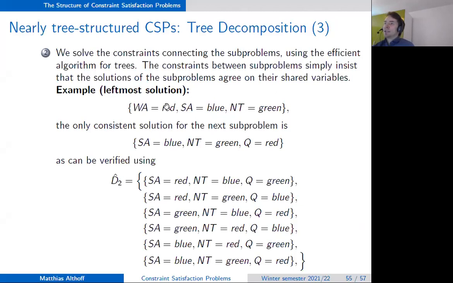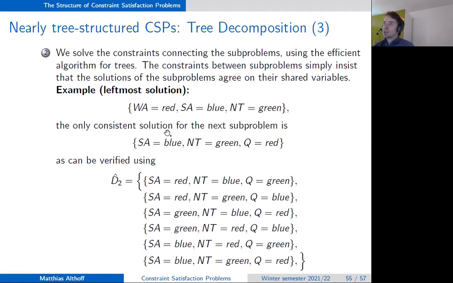Then you see we have to have a matching solution. In the previous super node, Western Australia is red. Western Australia doesn't appear here anyway, so this is trivially fulfilled. But South Australia is blue, so we can only look at the solutions where South Australia is blue, which are the bottom two. And Northern Territory has to be green, which is only the case for the last solution.